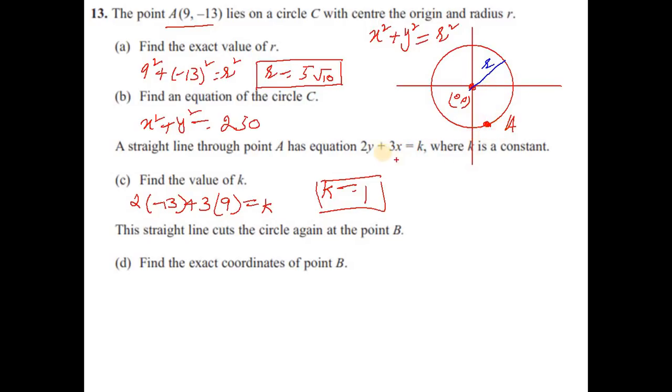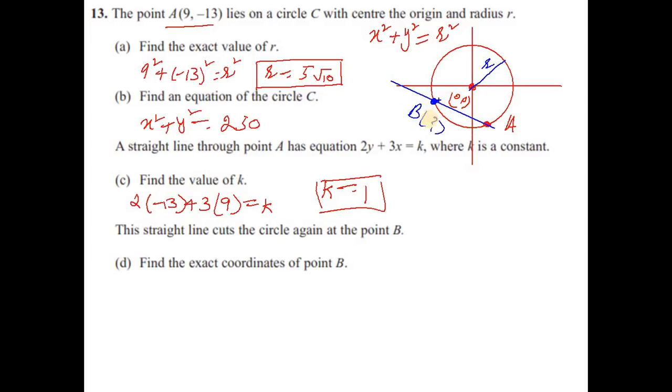I just need to plot it again. So suppose the line passes through like this. This is the next point B, which we need to figure out the coordinates of.